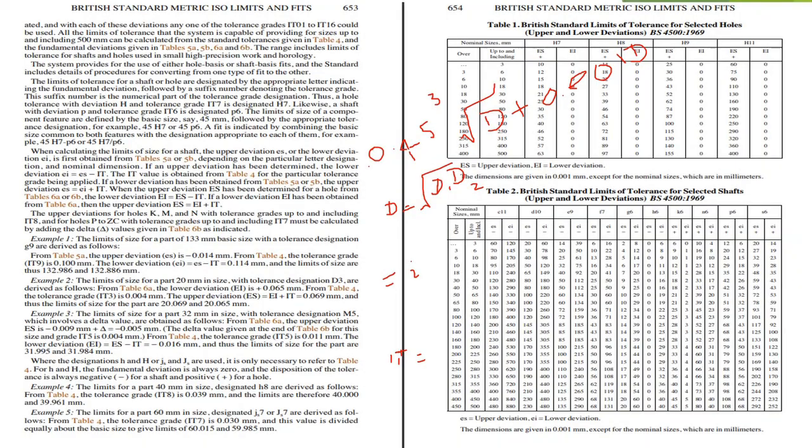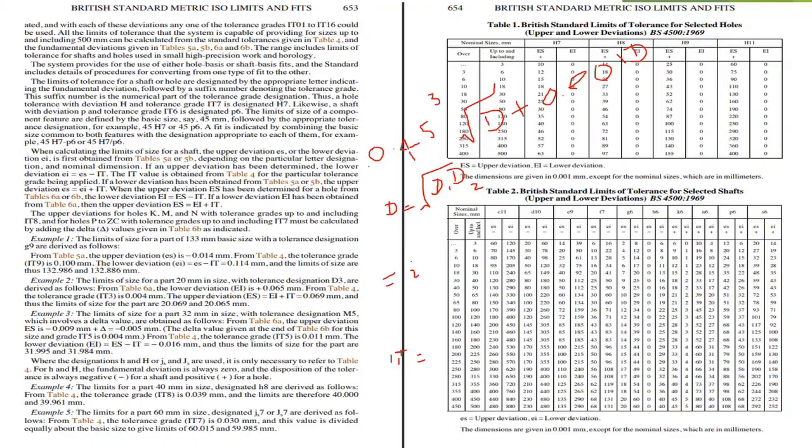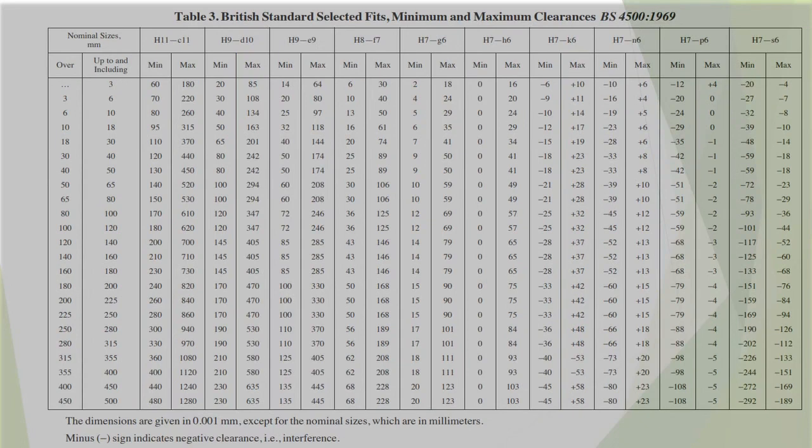While if we see these tables of ASME section B4.2 of metric systems, we'll see these values are given in mm, not in thousandths of mm. So here we have these letters, L11, C11, H9 to D10.